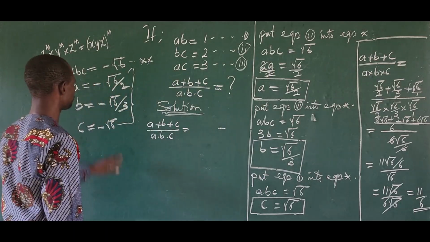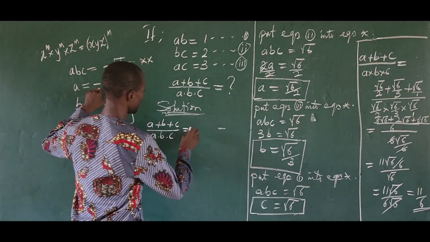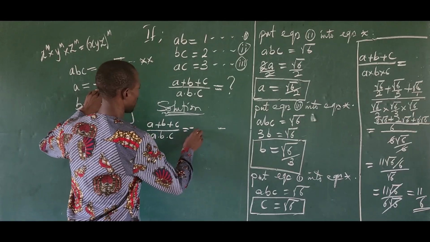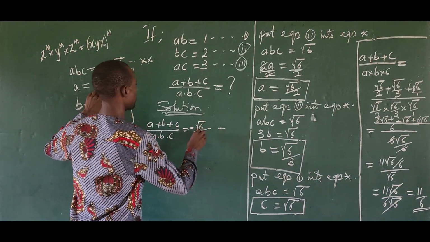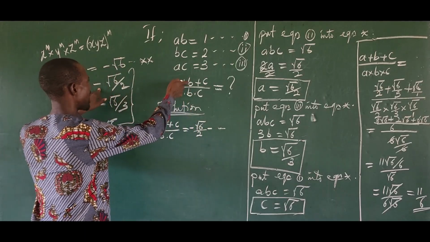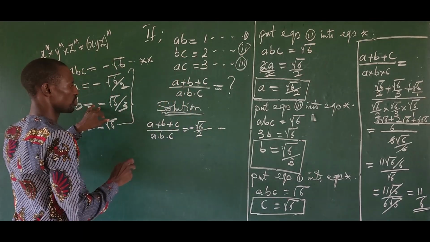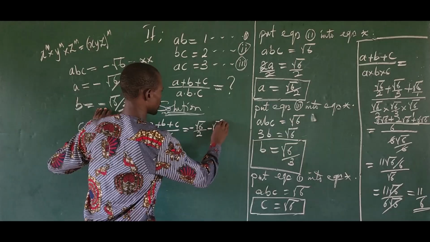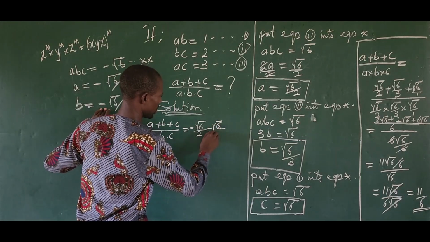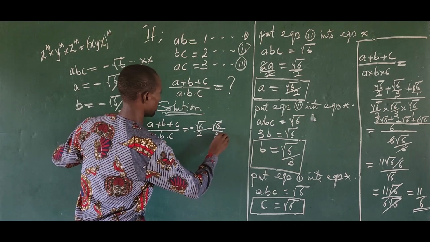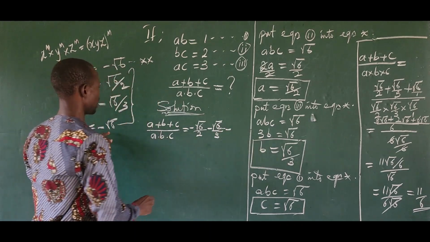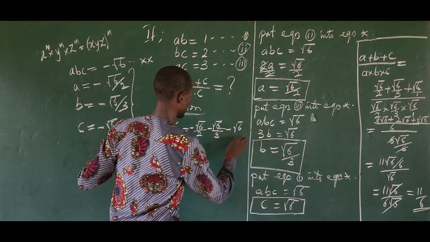This will now be equal to, the first one here we have our a, which is going to give us minus root 6 all over 2, then minus, because we're going to have minus times plus, so it's going to give us minus root 6, this is root 6 please, all over 3, then minus again root 6.